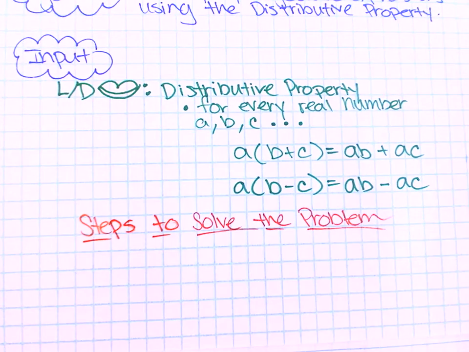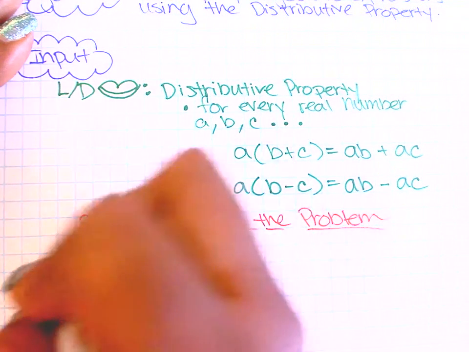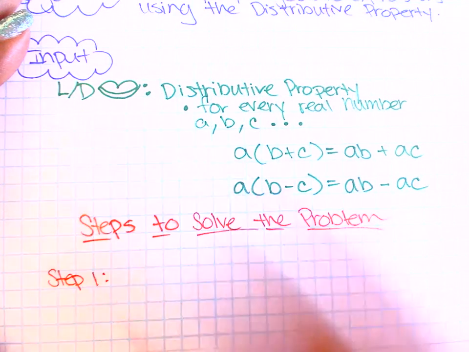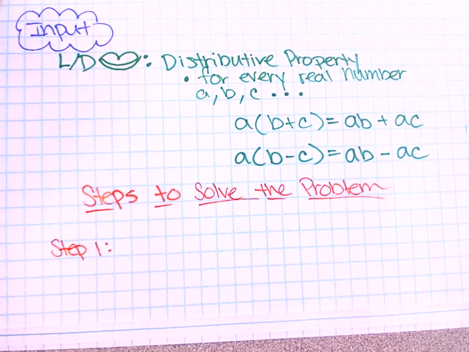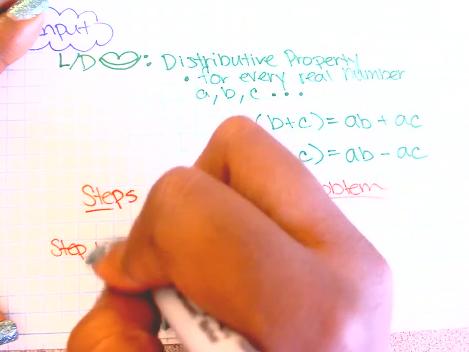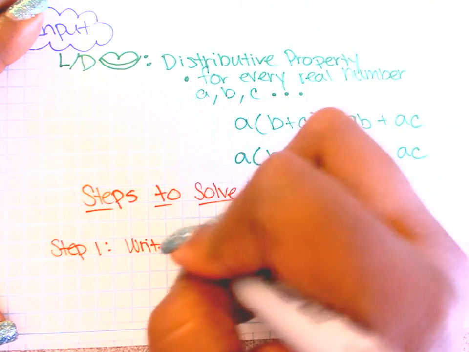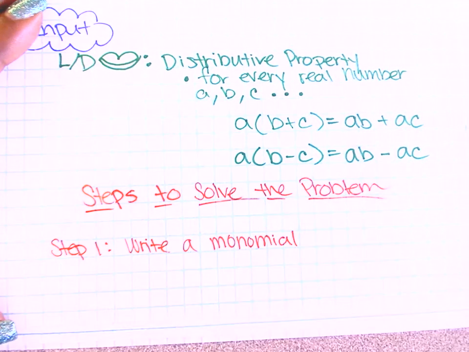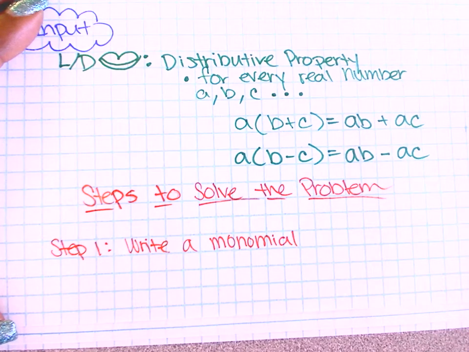Okay, step one. Step one is to write a monomial. You might not always need to write it, but when you do the backwards distributive task, you will. You'll see what that means when I give you some modeling.